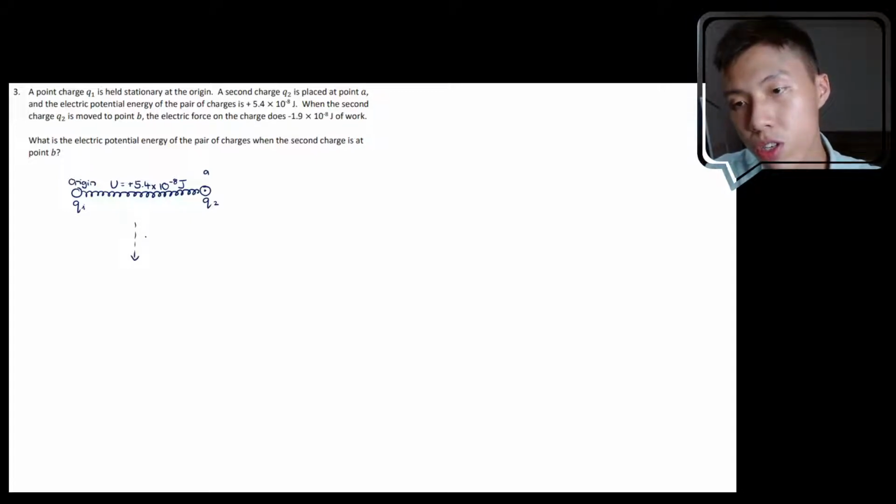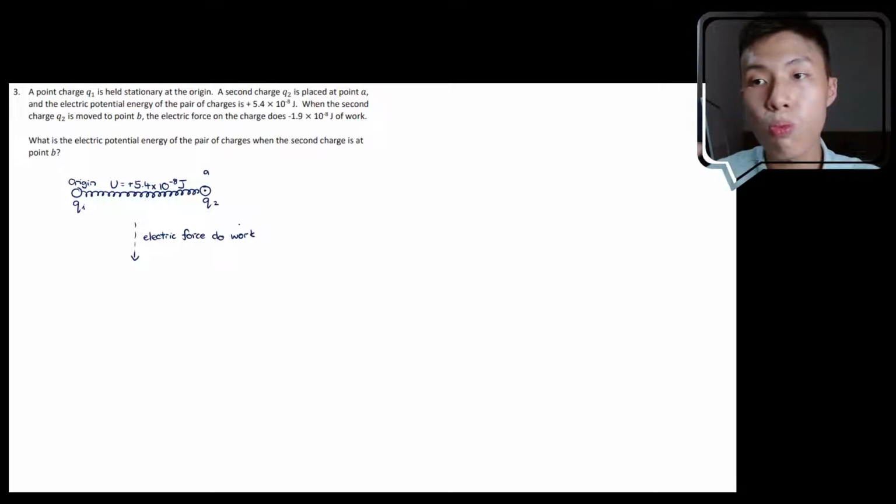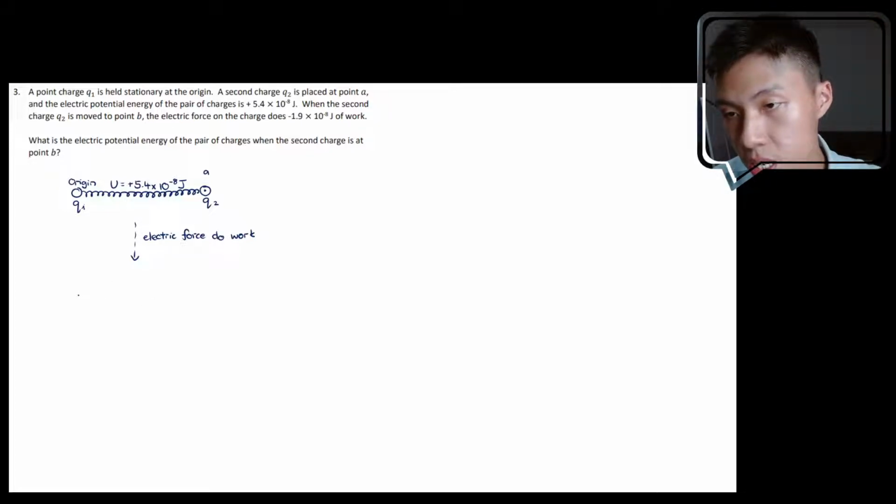the electric force does work. Okay, so does work in causing what to happen? Causing Q2 to move from point A to point B. Okay, so we still keep Q1 at the origin, so we don't change the position of Q1.